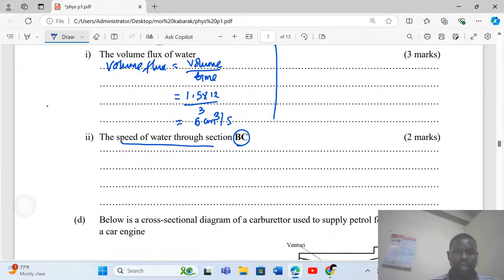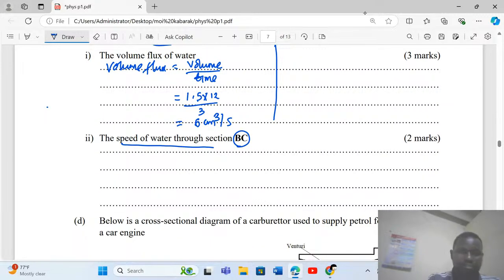Now we must look at the speed of water through B. Then from equation of continuity, area 1 V1 is equal to area 2 V2. This will be given by 1.5. Before you change the 1.5 centimeters squared, convert it into SI units.